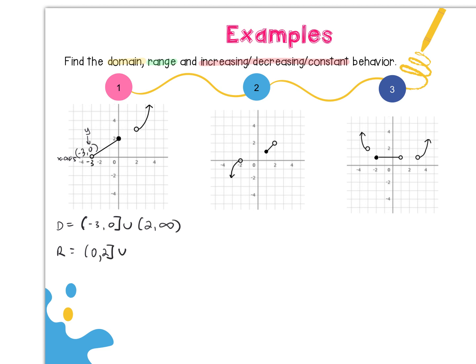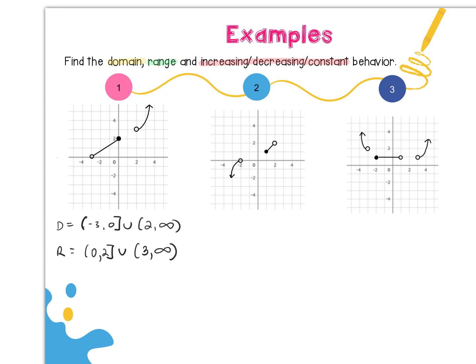So I know that after 2, the next y value represented on this graph is this point right here, 2, 3. So it's going to be an open circle at 3, and then it goes up to infinity. And so that's the range of this drawing. And by range, again, I mean the y values represented in this drawing.